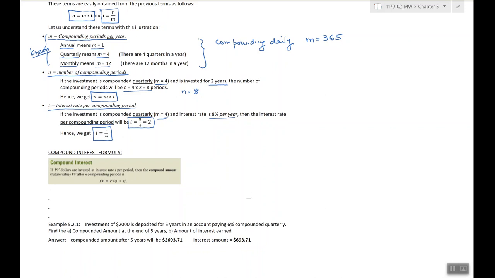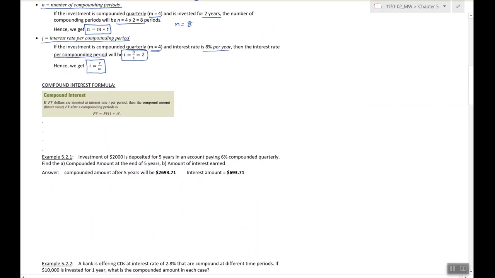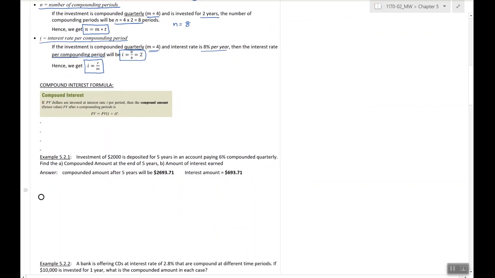Now the compound interest formula is the following. So I'll write it here. Future value is present value times 1 plus I raised to the power N. So notice it is very different from the simple interest formula.